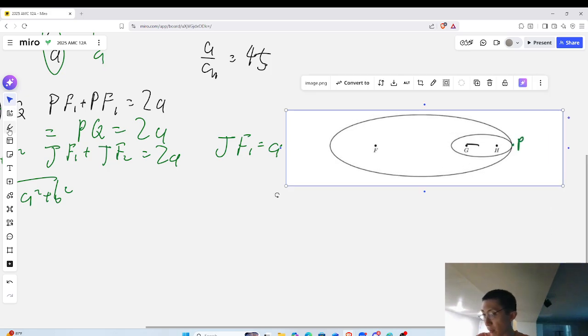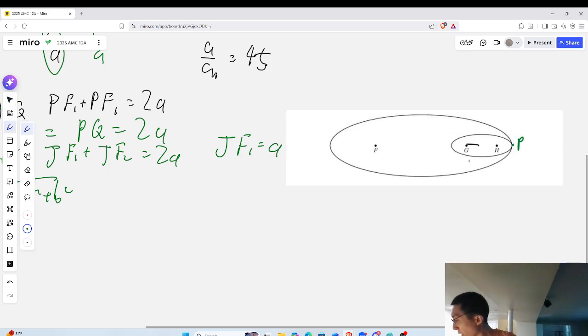If PH to PG is 1 to 45, we can think about breaking up PG into 45 equal parts. This part is one part, and this is the other 44 parts. So GH is 44 PH.